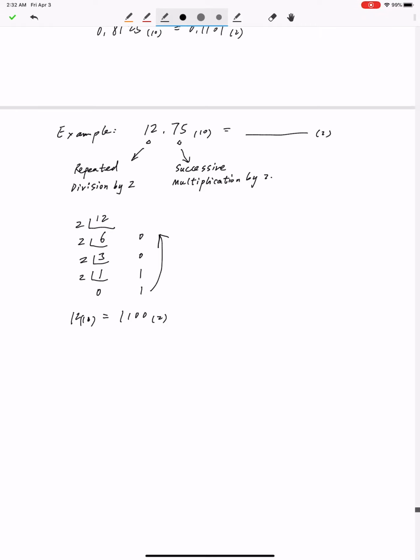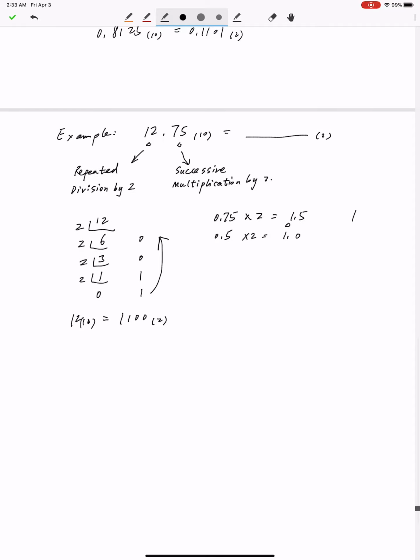And then for the second part, which is the fraction number, that is 0.75, do the successive multiplication by 2. 0.75 times 2 equals 1.5. Here, keep the integer part, which is 1, and put the fraction part and multiply by 2 again. That is 1.0, right? Integer part is 1.